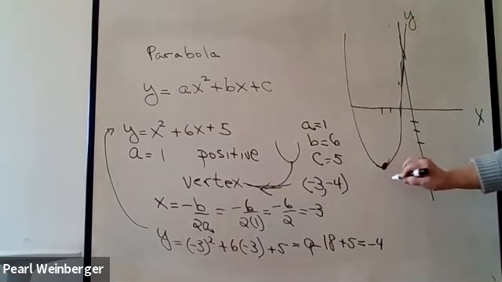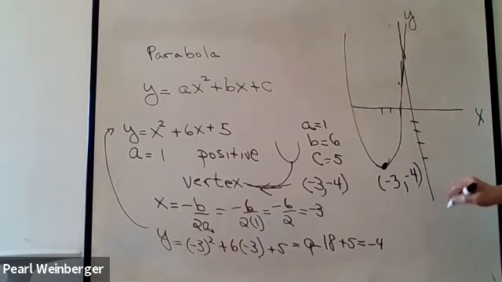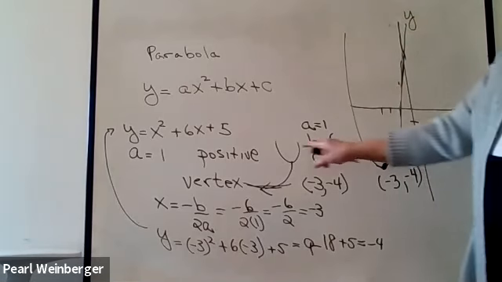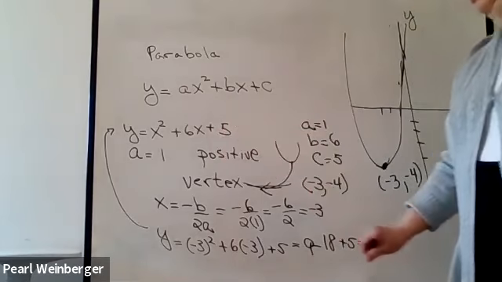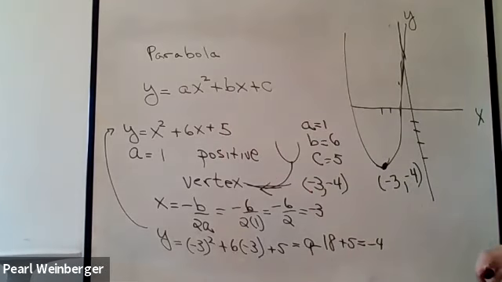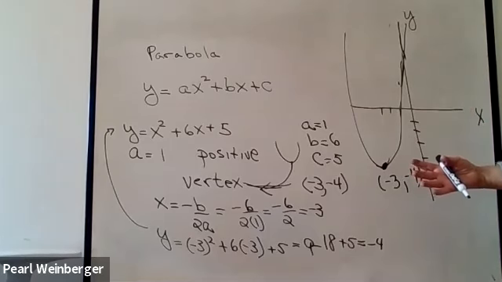It's going to have a vertex at the point (-3, -4), and it's going to be an opening up parabola because the a, which was +1, is a positive number. Now, there are two other things that are sometimes asked for.